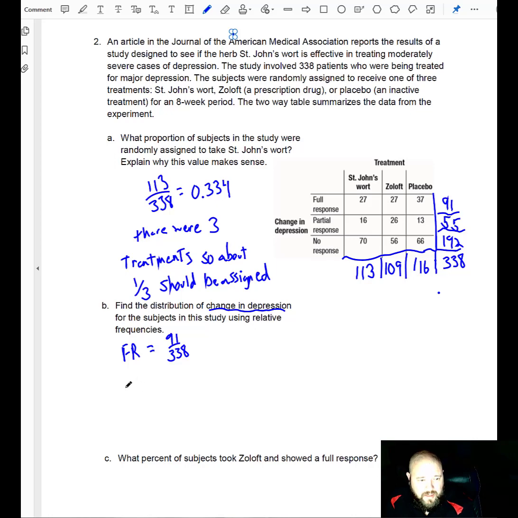And then the partial response is 55 over 338. And then no response is going to equal 192 over 338.